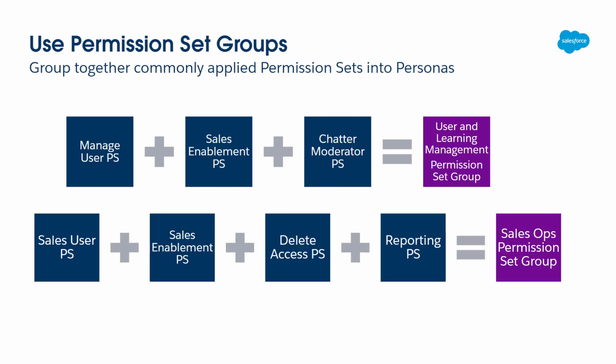Okay. And there's another one. What about a sales operations persona? This is their permission set group. They get the sales user permission set, they get the sales enablement permission set, they get the delete access permission set, and they get the reporting permission set. So here you can see more how we reuse the different permission sets.